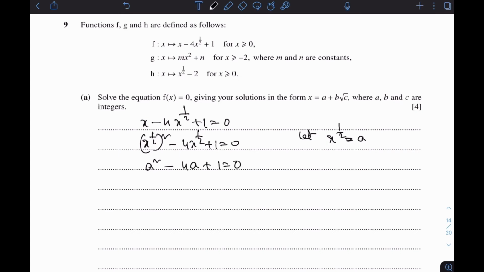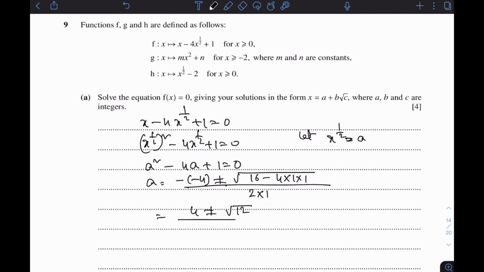So, now we can do some simplification. I mean, we can use the quadratic equation. So, a equals 4 plus or minus root over (4 squared, that is 16, minus 4 times 1 times 1) divided by 2 times 1. Okay, so 4 plus or minus root of 16 minus 4, that is 12, divided by 2.